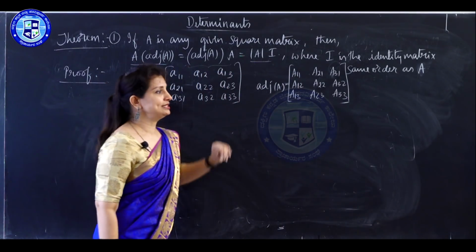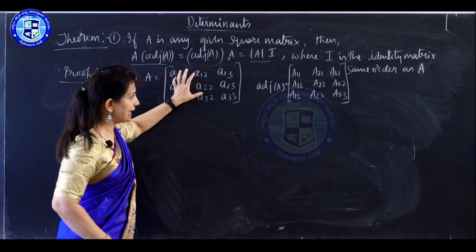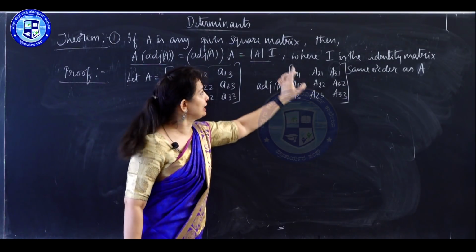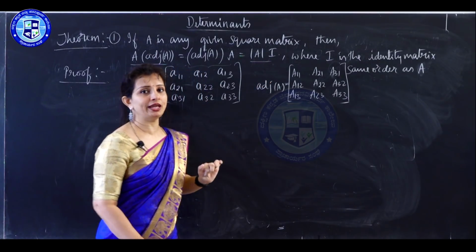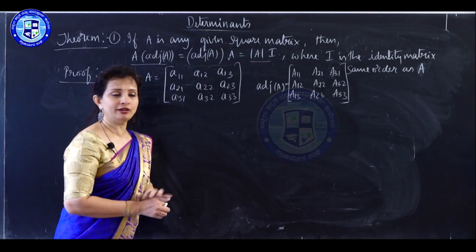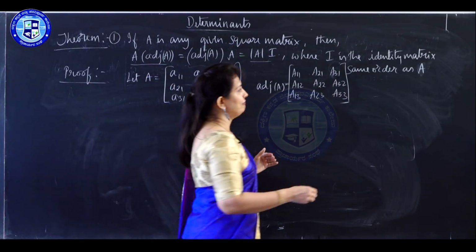It is adjoint A. Now, we have to prove that matrix A into adjoint A will give you determinant A into I. Before multiplying A into adjoint A, just recall you have learned about minors and cofactors.